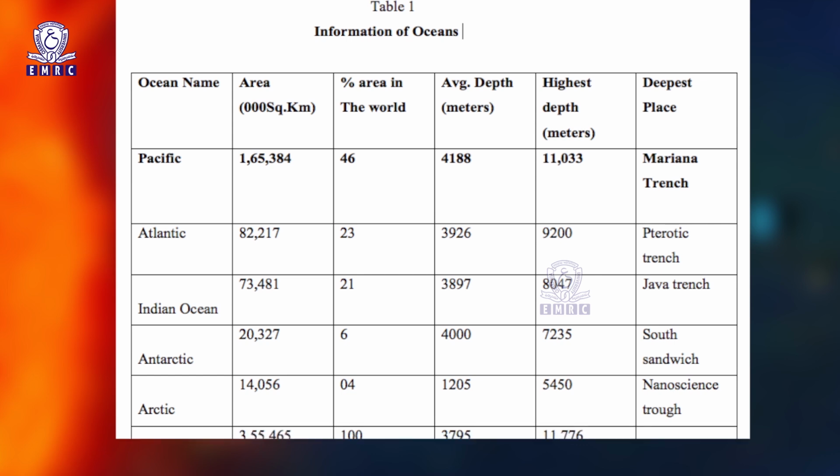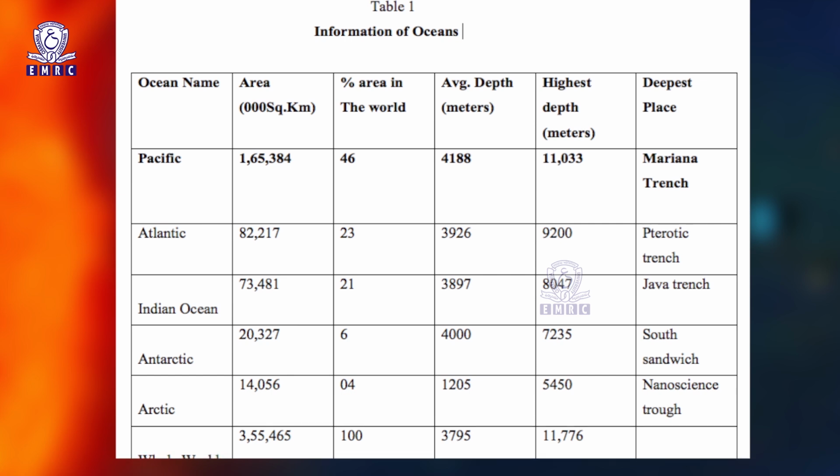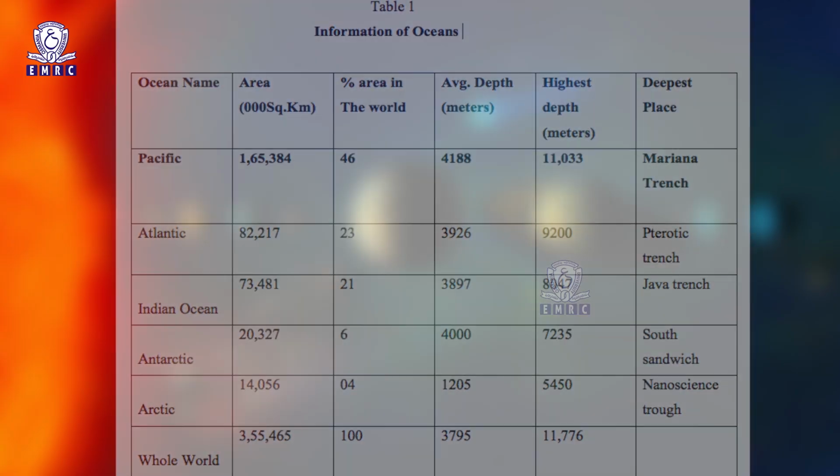The average depth is 1205 meters and the highest depth in this ocean is 5450 meters. If you take the whole world ocean area, the average depth is 3795 meters and the highest depth is 11,75 meters.